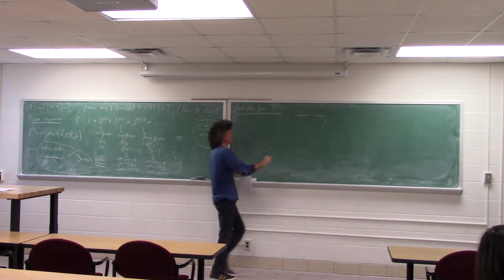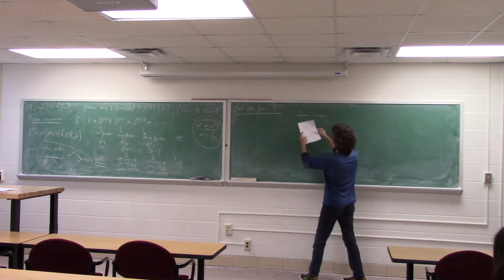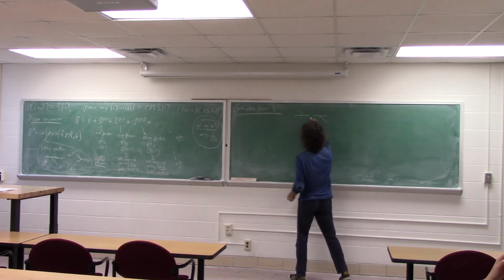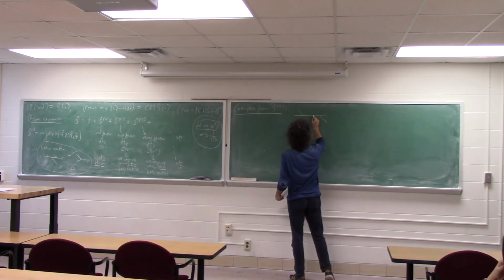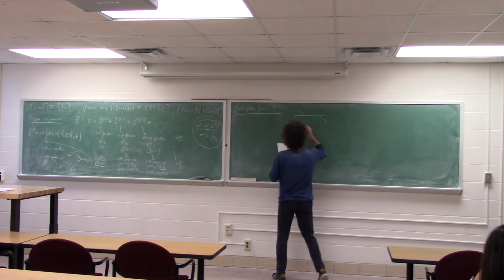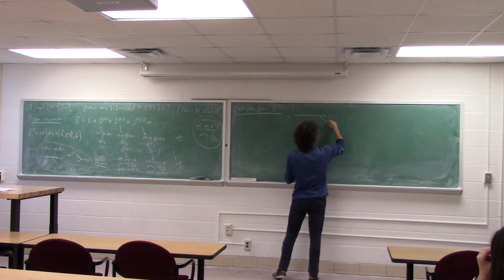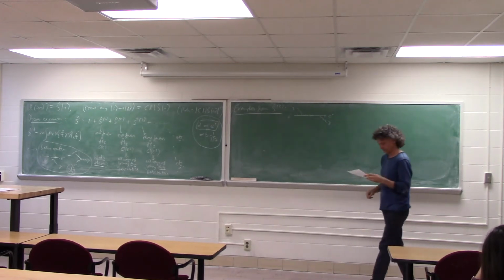Here are two basic vertices. Here's one and here's another one. Let's join them. There we go. This appears in the second order term, and so this could be photon scattering off an electron.